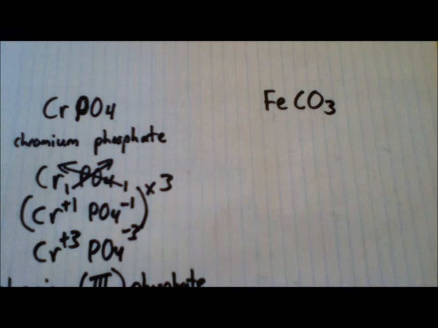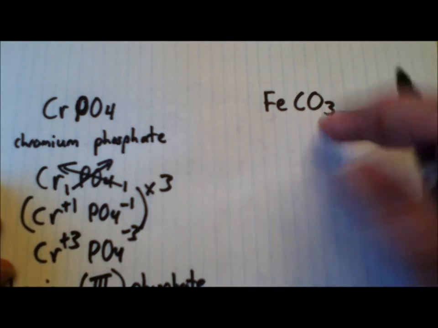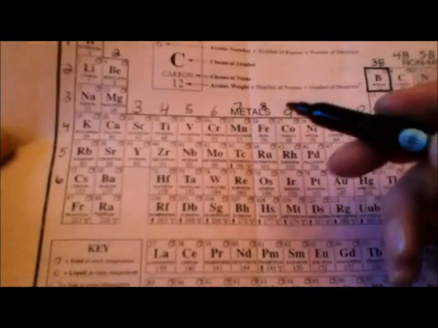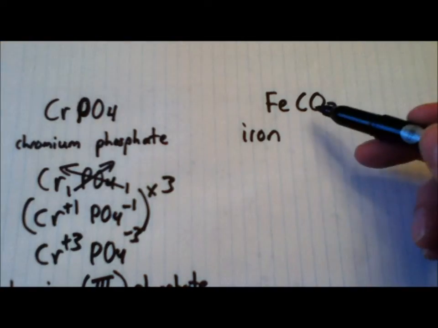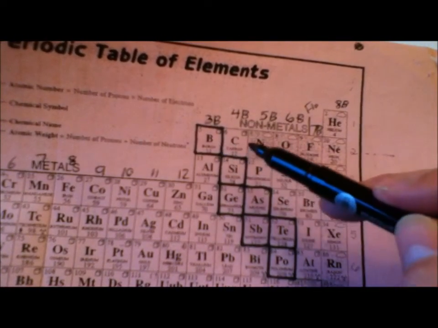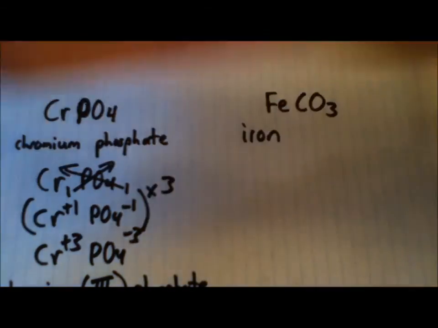Okay, we're back, and we notice that we've got iron CO3. So let's write iron, and we get that again from the periodic table right here. We've got CO3, so that's carbon and oxygen, but they're not grouped together in the CO3 form here. So that has to be a polyatomic ion, and we find CO3 right there.